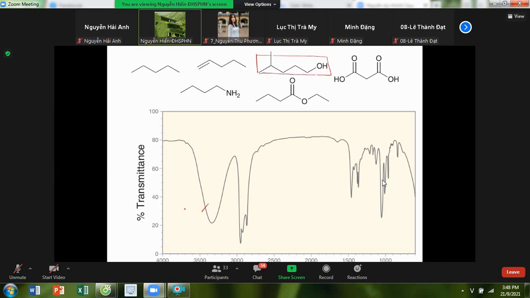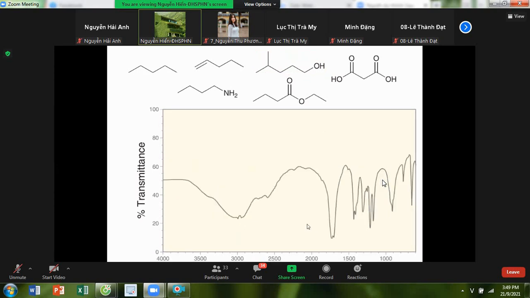This is just OH. Always remember the three parameters of one signal: location, wave numbers; strong or weak, intensities; and shape, broad or sharp. So alcohol in this case is the best answer.